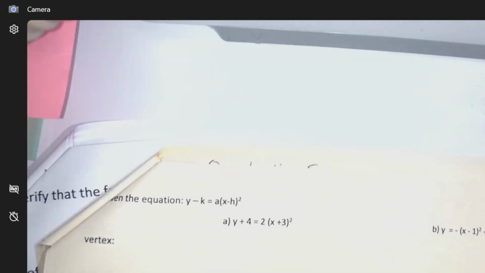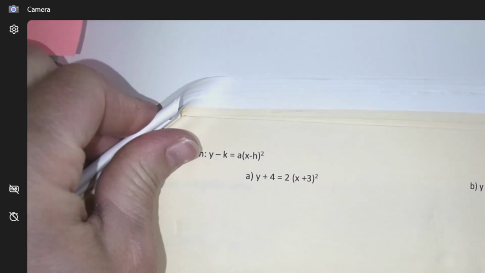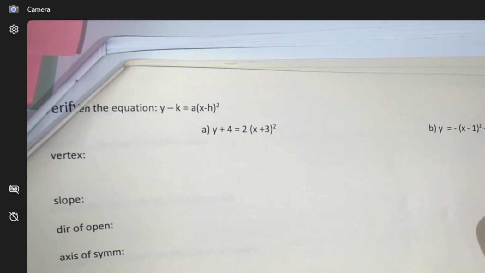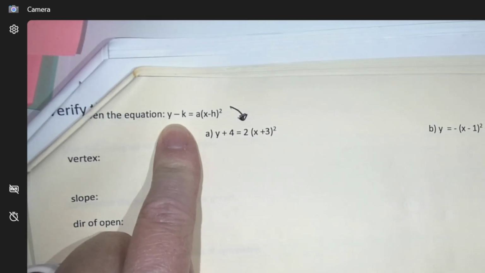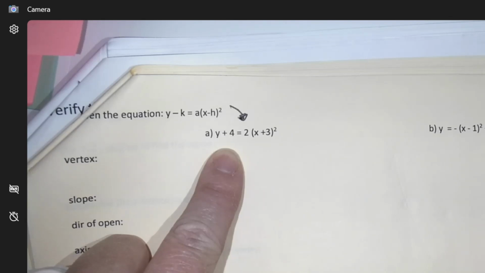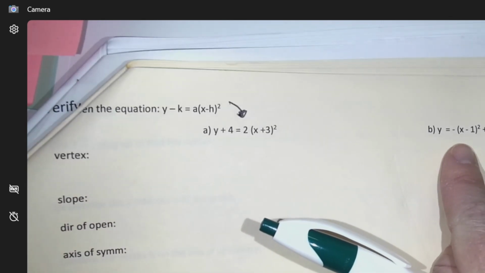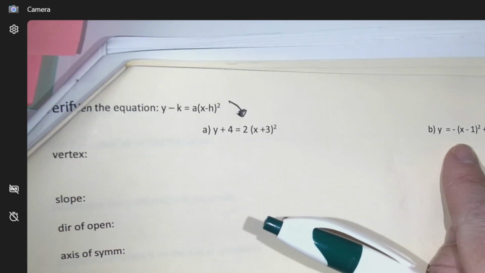Vertex graphing stuff. So these formulas are, so this is the standard formula that I gave you. This is transformation form.